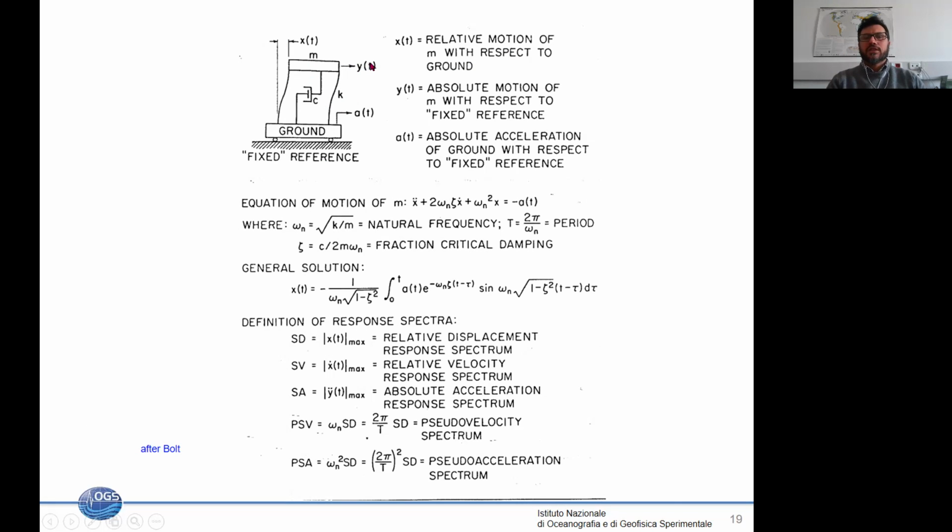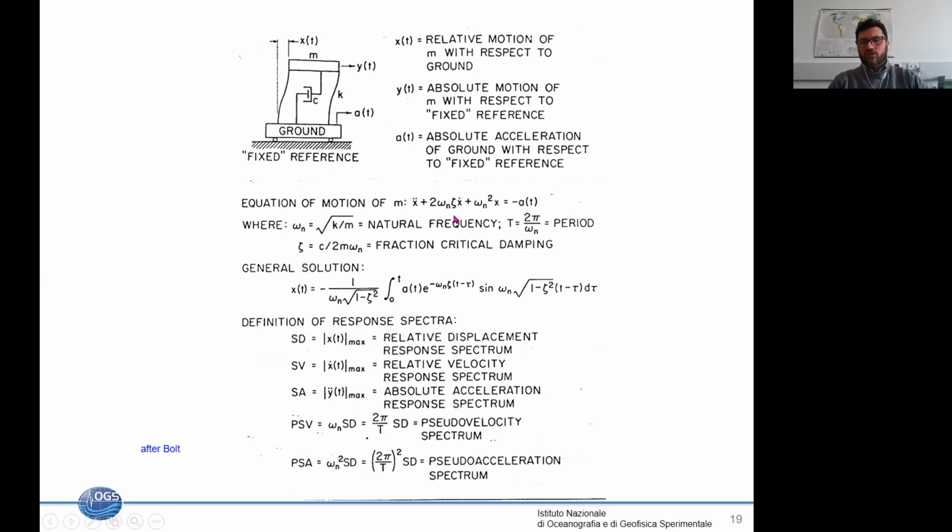Epsilon of t is representing the absolute motion of the mass with respect to the fixed reference that is below, and ADT is the absolute acceleration of the ground with respect to the fixed reference.